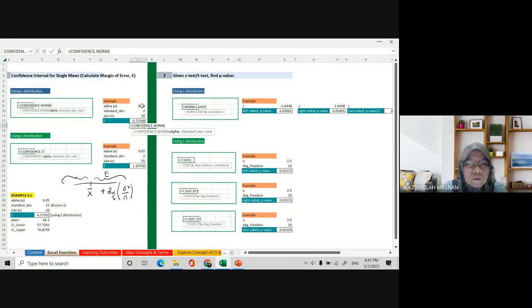Just go to the cell where the alpha is stored and put a comma, then go to the cell where the standard deviation is and put a comma, then click the cell where the sample size is, put the close bracket and then enter. Can you try, class? Just do it using the same information. Everyone try.